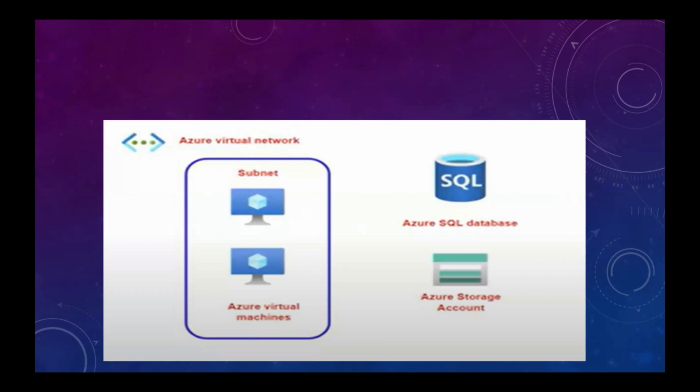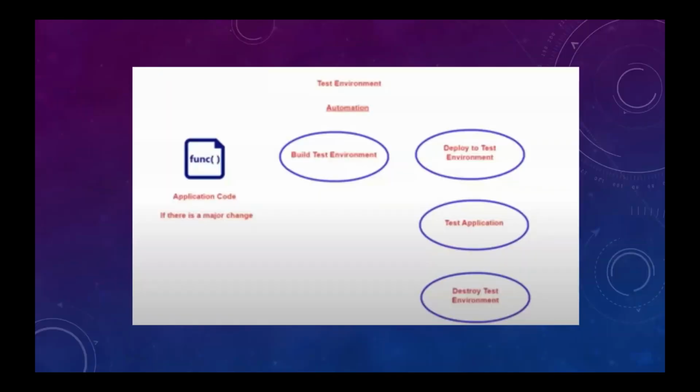All these resources you have to create on Azure. Now, normally what you do, you go ahead and create all these resources one by one, and you start deploying those resources.